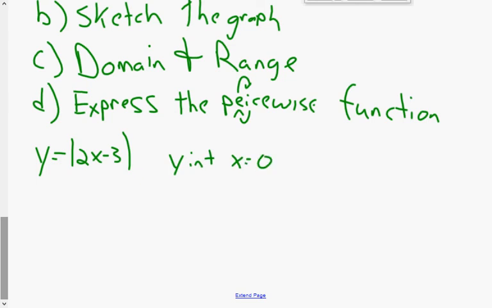So if I put 0 in here, what's 2 times 0? Very good. What's 0 take away 3? What's the absolute value of minus 3? Right. Remember, y can't be negative.